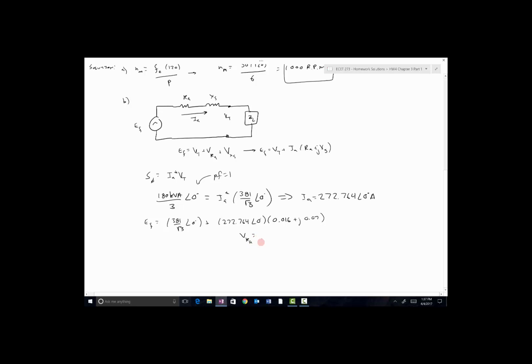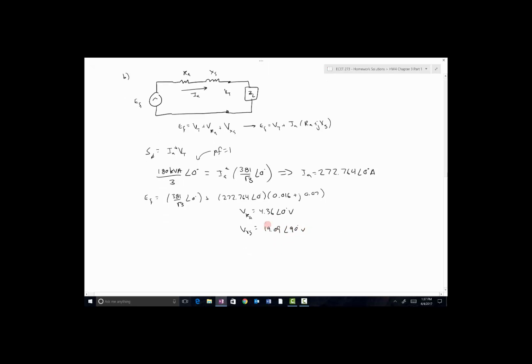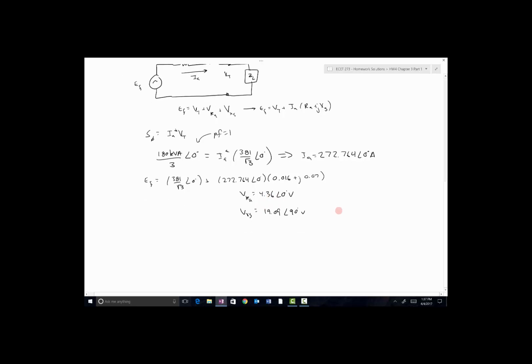The voltage drop associated with the internal resistance of the armature is about 4.36 at an angle of 0 degrees volts, and the voltage drop across the synchronous reactance of the armature, VXS, is 19.09 at an angle of 90 degrees volts. Again, you don't need to do those separately, but I thought you might be interested in seeing those magnitudes and angles.